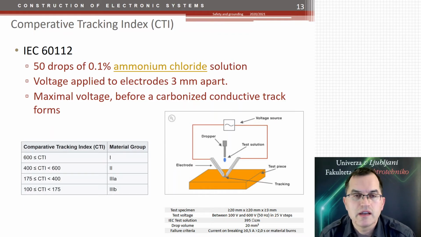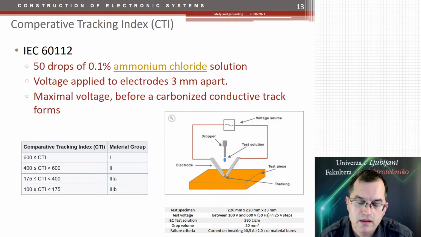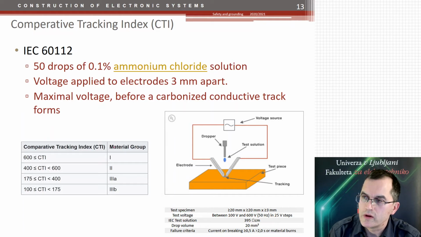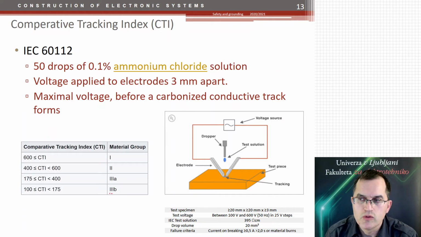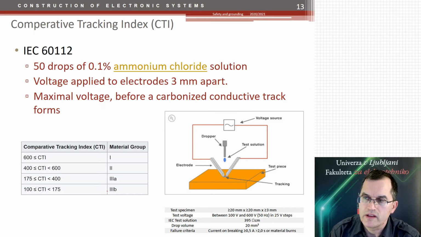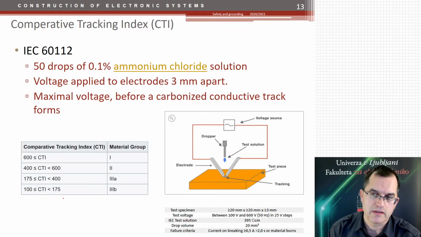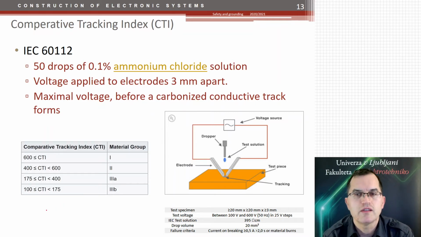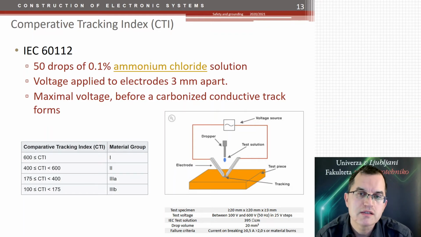If the CTI is not measured, then regardless of the material, they all fall in this category here. So components or PCBs without a defined CTI would all fall in this category of less than 175 volts, which would be the lowest category, and that would mean that you have to provide the longest creepage distances for that.